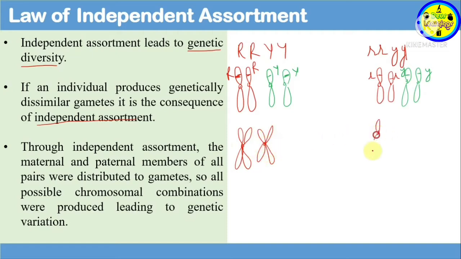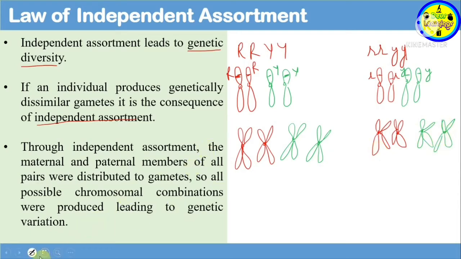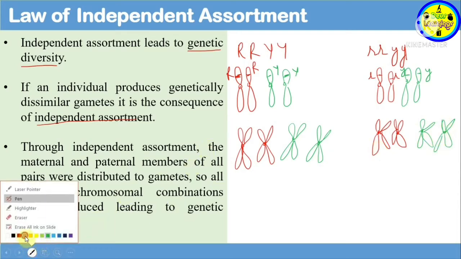Here also it will be like this, and then what happens? So they go for meiosis 1.